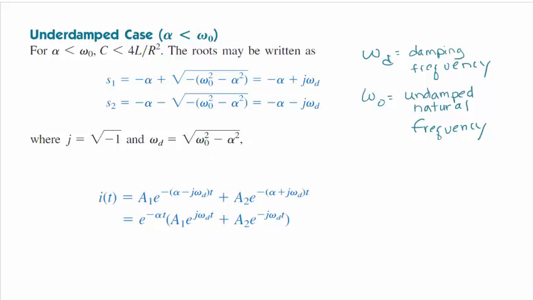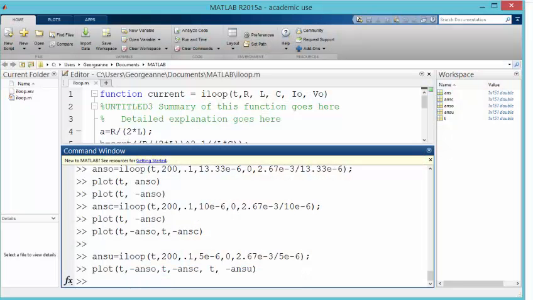So I'm going to go back to the same MATLAB program that I wrote with real component values in it. I still have my R being 200 ohms, my L being 0.1 Henry, but now I lowered my capacitor value. At overdamped, my capacitor was 13.33 microfarads.